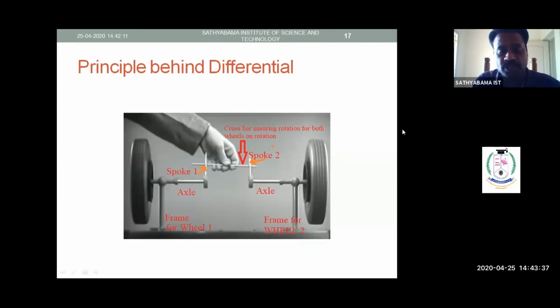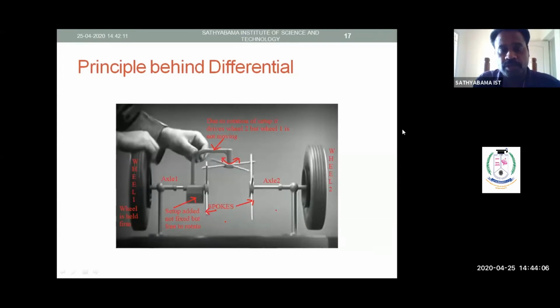One person holds one rod, called the crossbar. He is ensuring rotation for both wheels. If we keep the rod horizontal, spoke 1 and spoke 2 ensure that both wheels have the same speed. That means you are riding the vehicle on a straight road.